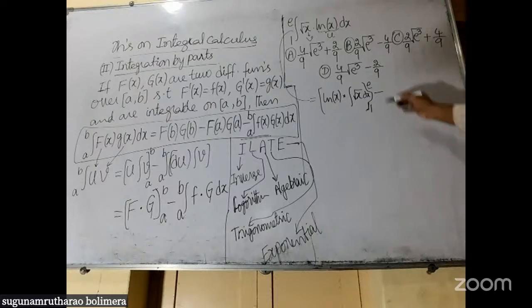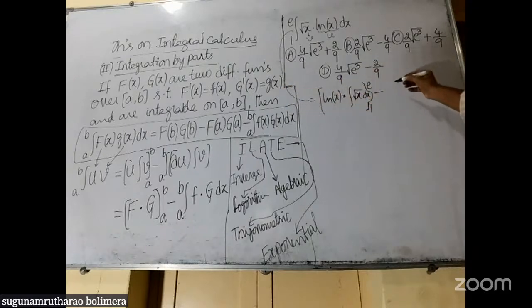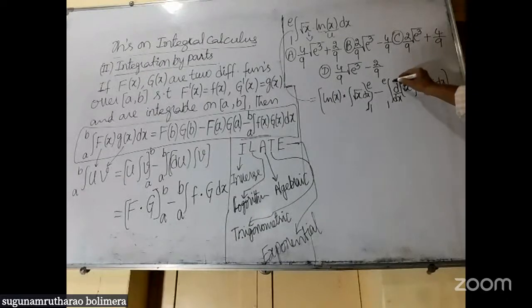The derivative of ln x is d by dx, since we are integrating with respect to x, into the integral of root x dx, all dx.